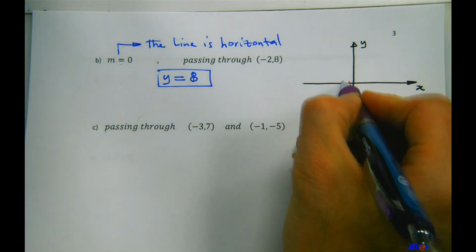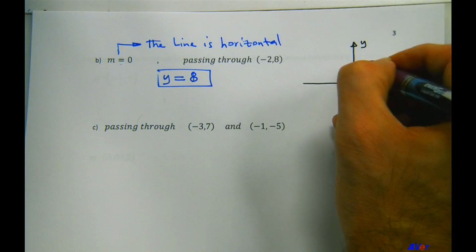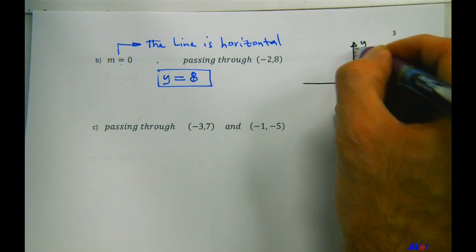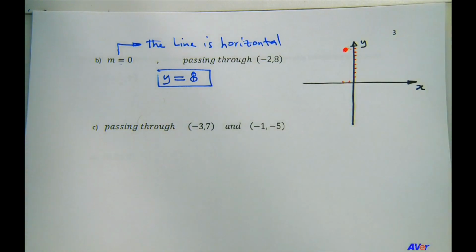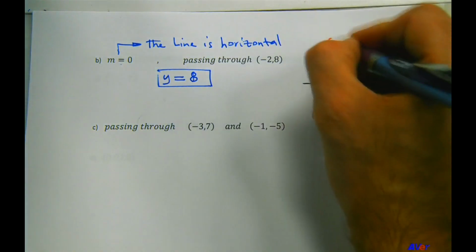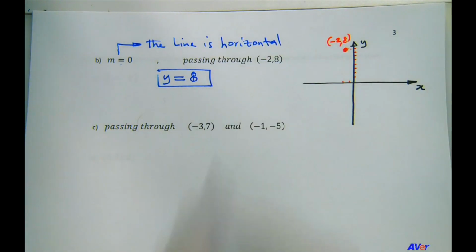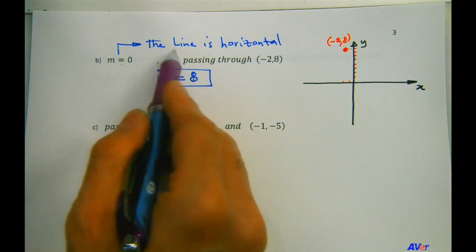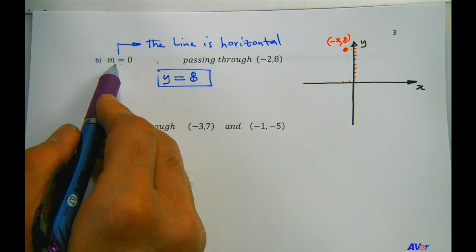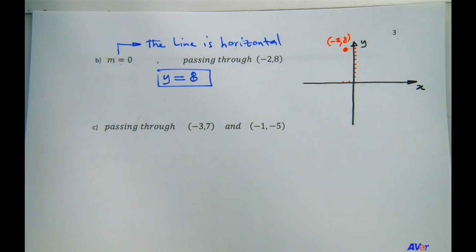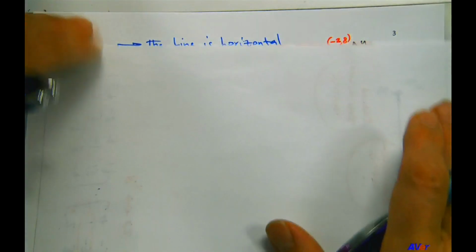So negative 2 is here, and then 8 would be 1, 2, 3, 4, 5, 6, 7, 8. Negative 2, 8 would be that point. Okay, that is negative 2 comma 8. Right? So we have a horizontal line. How do we know that? The slope is 0. That is passing through that point. So let's draw a horizontal line right through that.